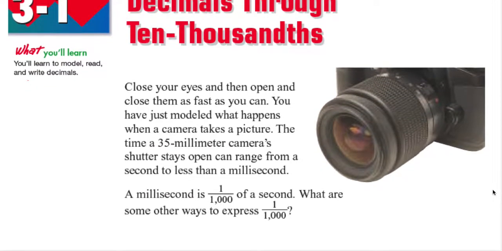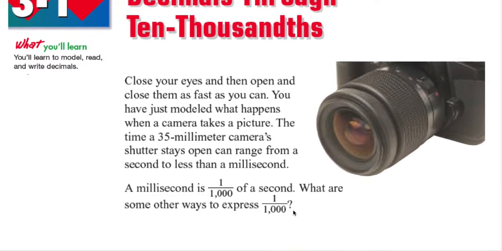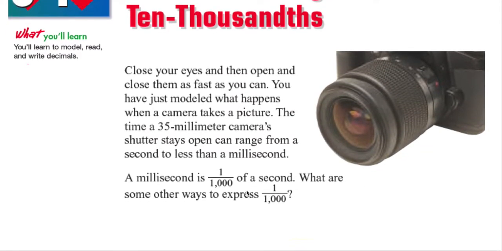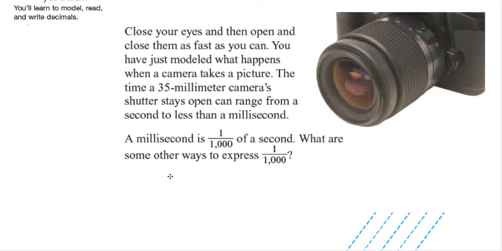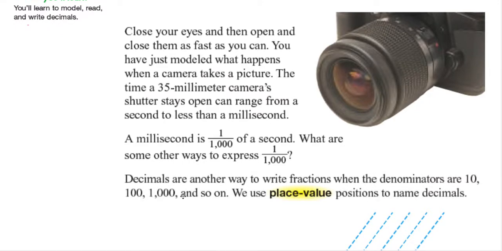So what are some ways to express 1/1000 or 1/1000th? In this case, decimals are another way to write fractions when the denominators are 10, 100, 1000, and so on. We use place value positions to name the decimals.